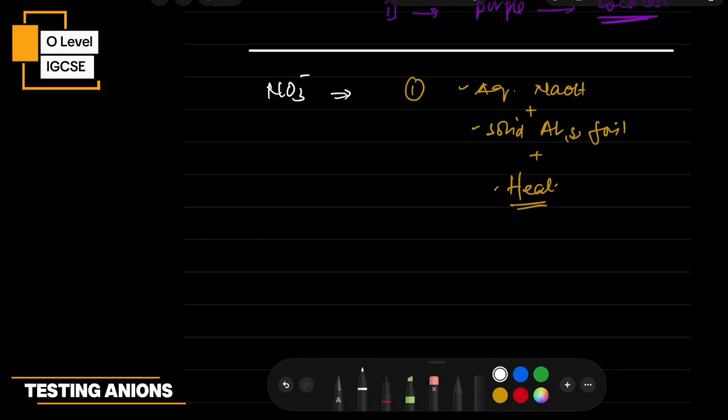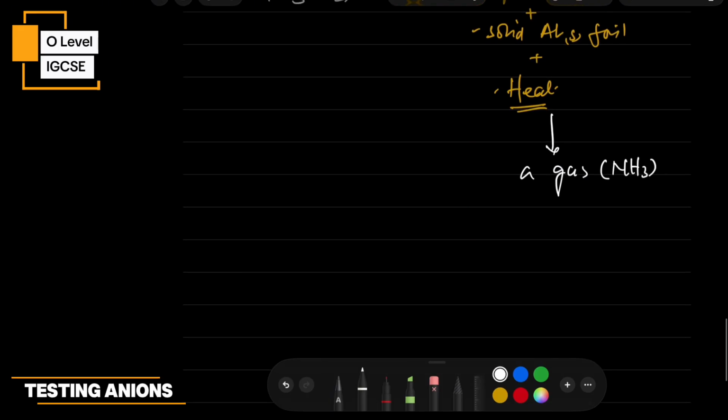If there is the formation of a gas, that is in fact ammonia gas, that turns red litmus paper blue.